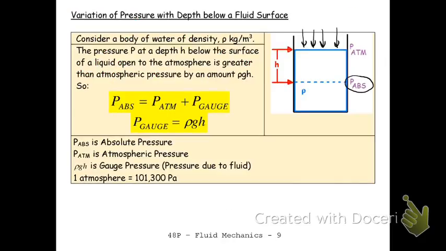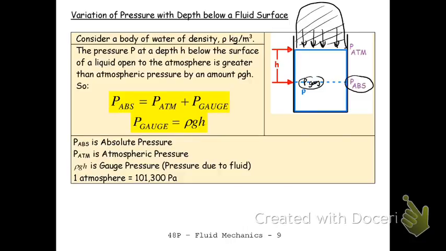Okay, so I could ask you what the gauge pressure is here, P gauge, in which case you ignore the atmosphere, or I could ask you what the absolute pressure is there, in which case you've got to take into account the atmosphere. Why would you ignore the atmosphere? Because I could actually put this inside a glass cylinder and take all the air away, in which case I don't have to worry about the gas inside because it's all gone. So there is no atmospheric pressure.